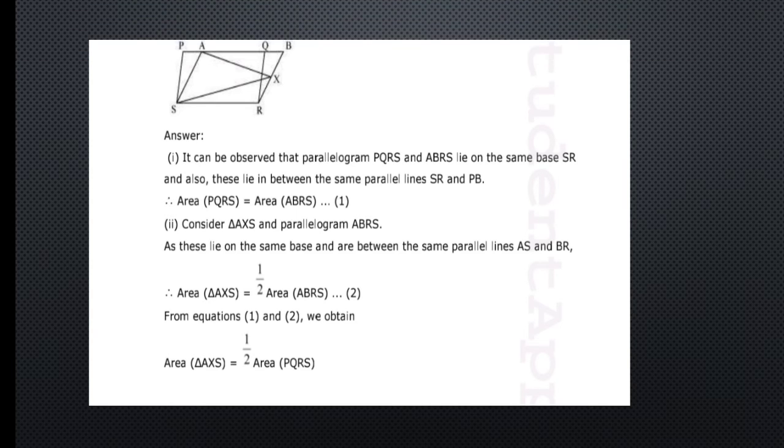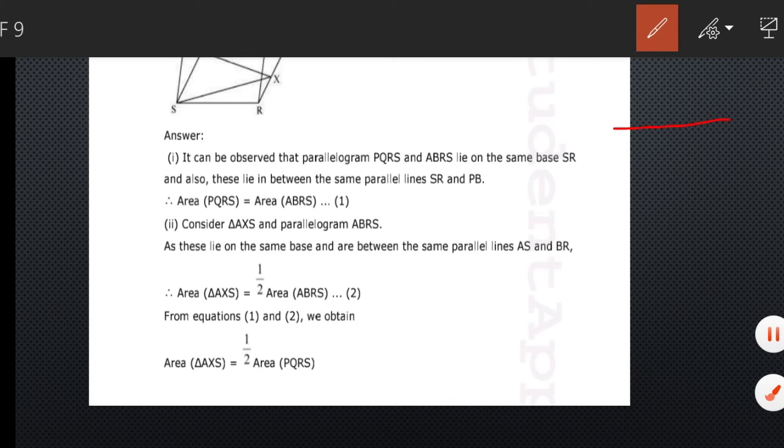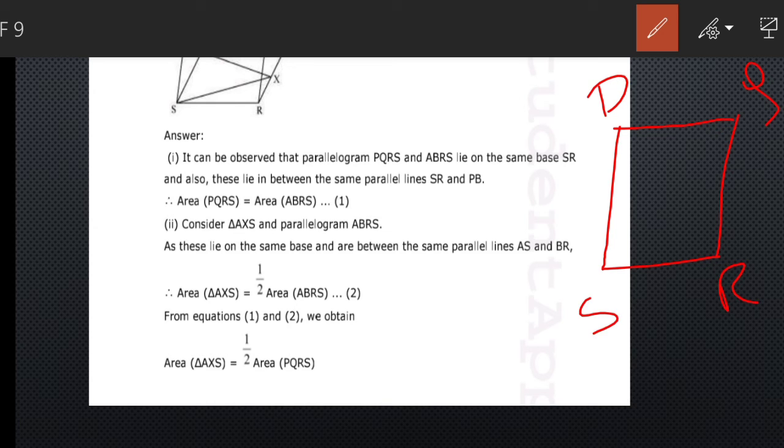We have a parallelogram like this. This is PQRS and we have ABRS as well.